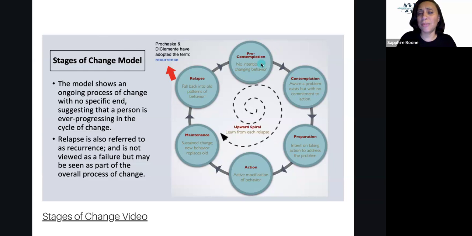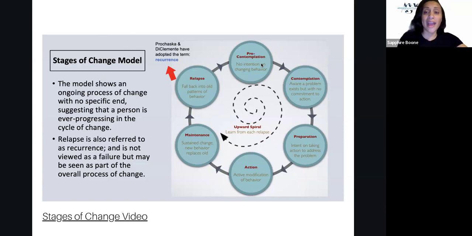But you just need to remember that we shouldn't assume that clients are automatically ready to change because they come to us. Sometimes clients are involuntarily required to go to certain services, so keep that in mind as well. You want to see whether the client is ready to change based upon what they're saying. Are they aware of a problem?